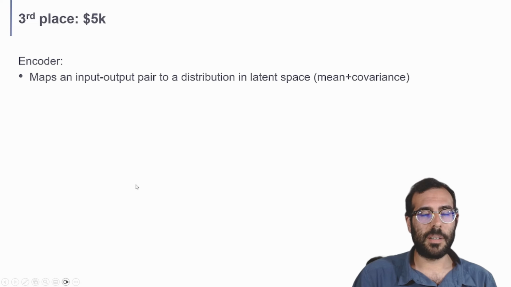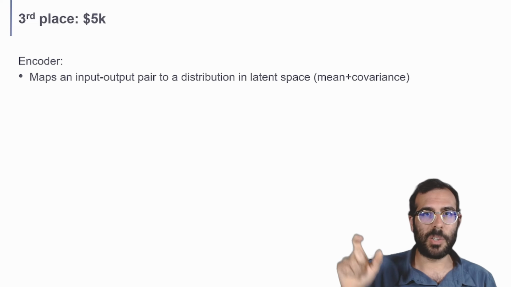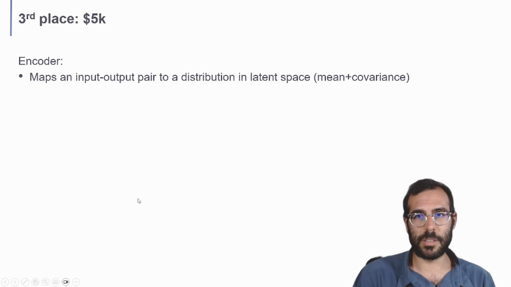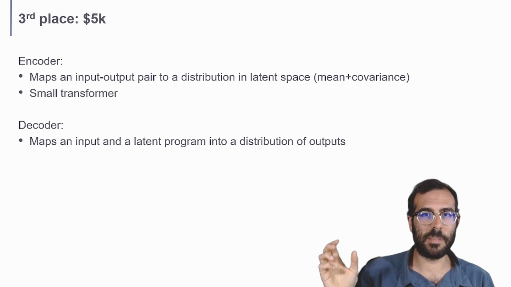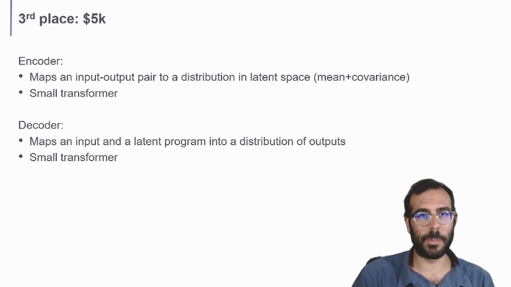So the encoder maps input-output pairs to a distribution in latent space. So this is a variational autoencoder strategy, and this is just a small transformer. And then the decoder maps an input and a latent program into a distribution of outputs. And again, it's a small transformer.